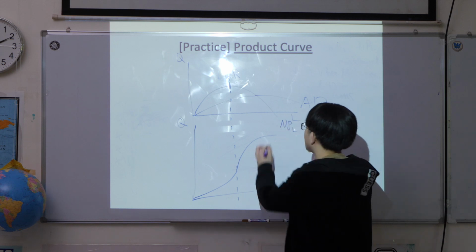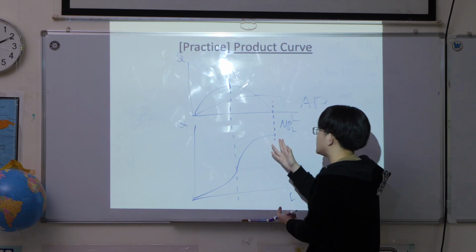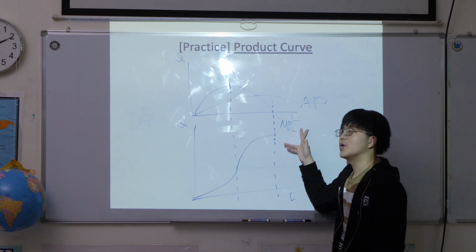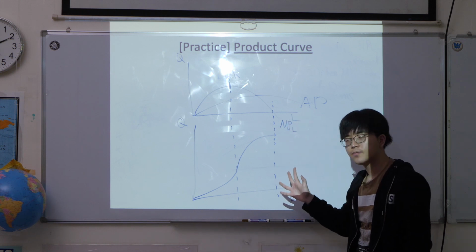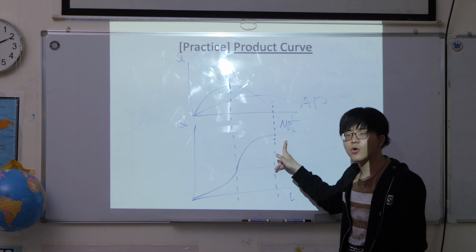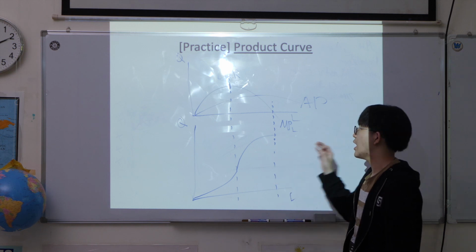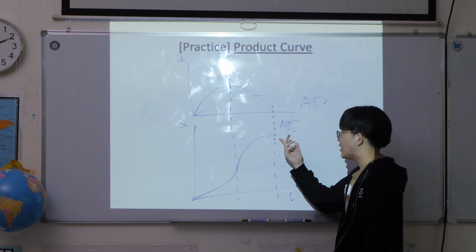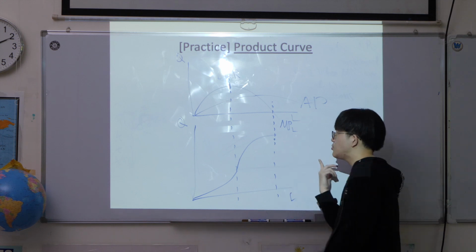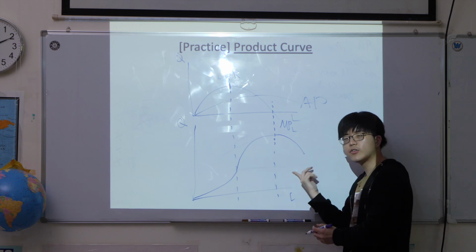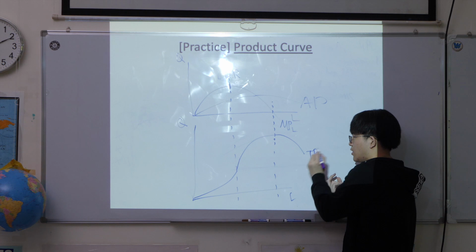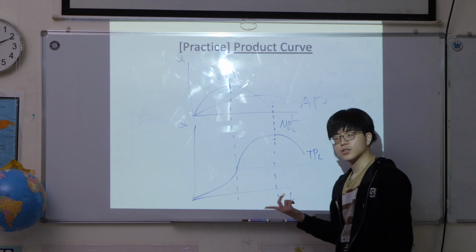And this is where MP passes the x-axis. When MP is 0, the total product of labor will be maximum. And I will explain the reason after drawing this. And after this part, the total product of labor will start to decrease at increasing rates. So this is the characteristic of total product of labor.